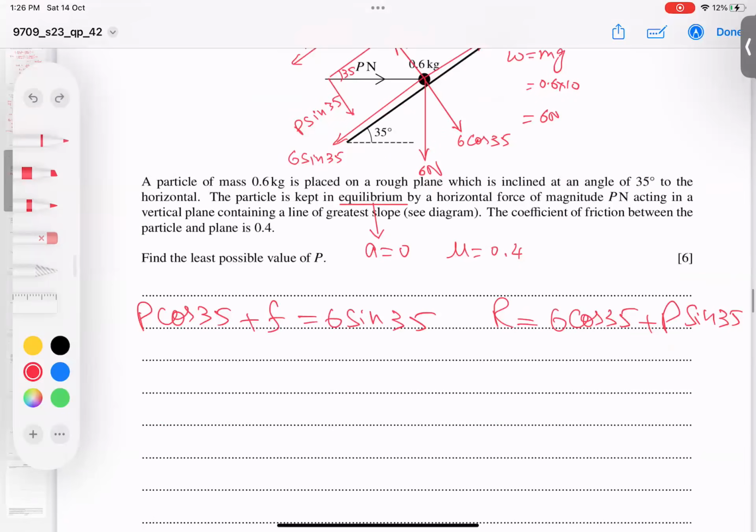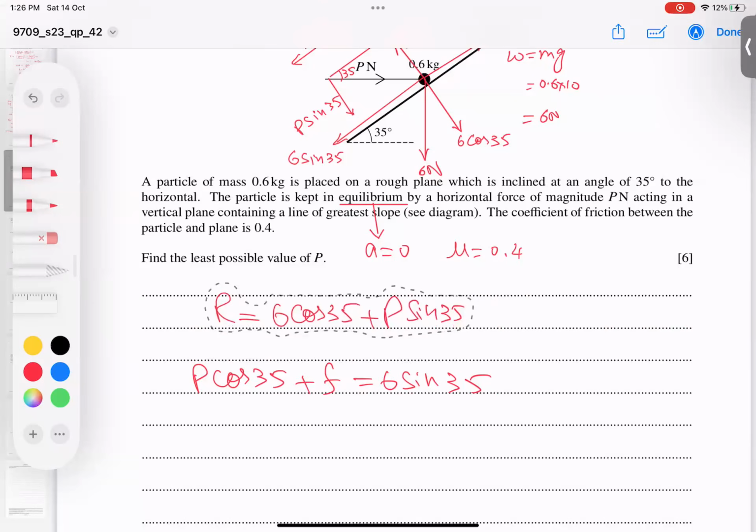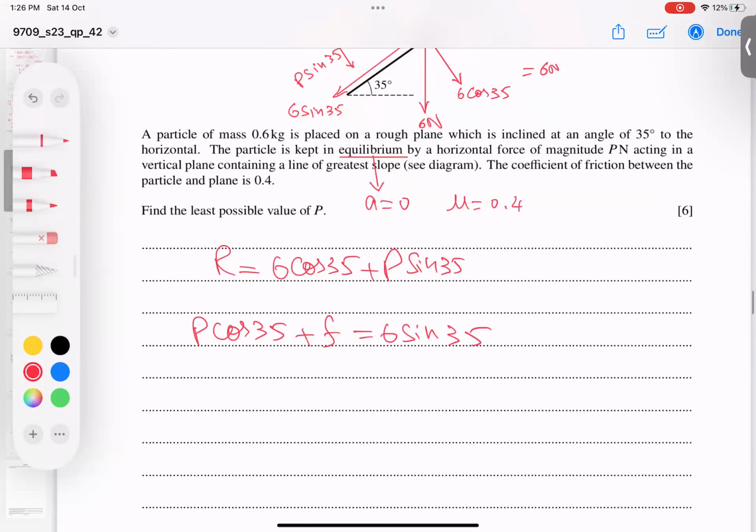Okay, now how can we continue? Because the ultimate target is finding P. I am just writing it under it, and this I am writing here. You know F is equal to mu R. All of you are familiar with the formula.